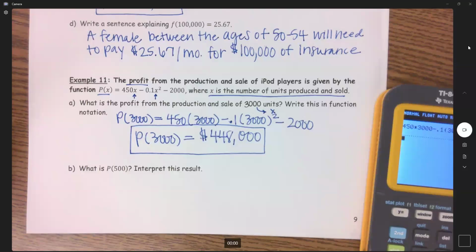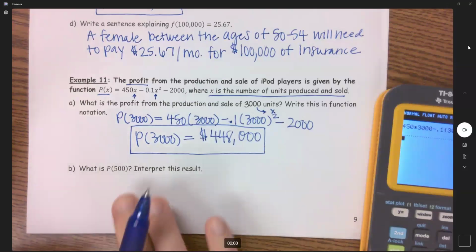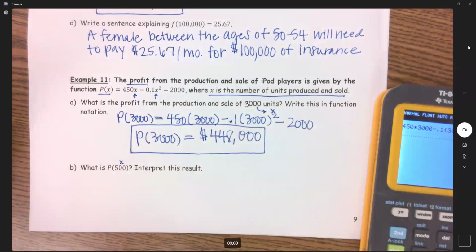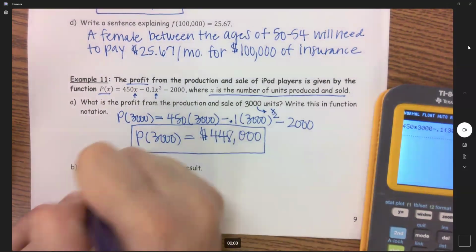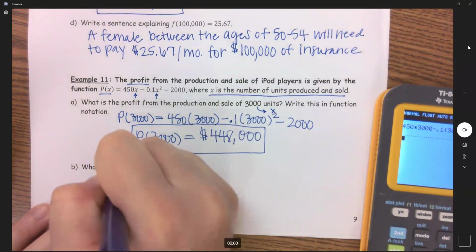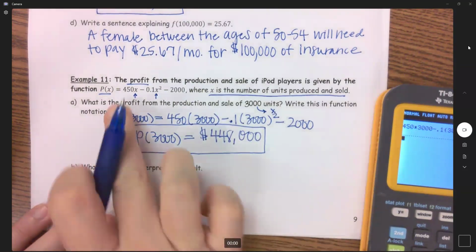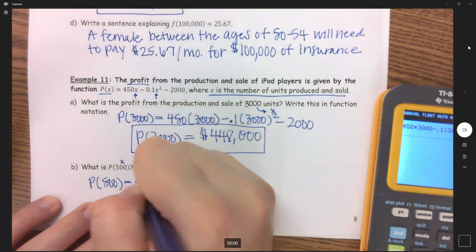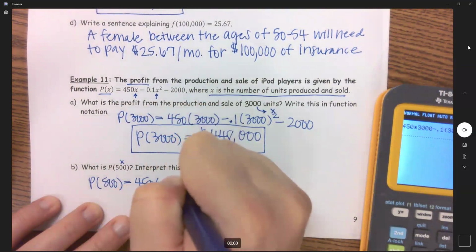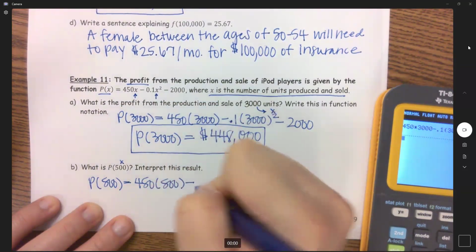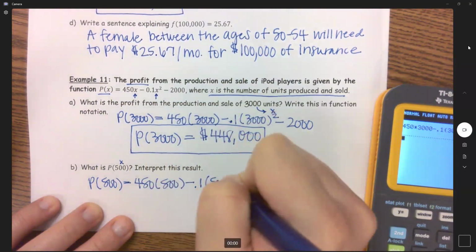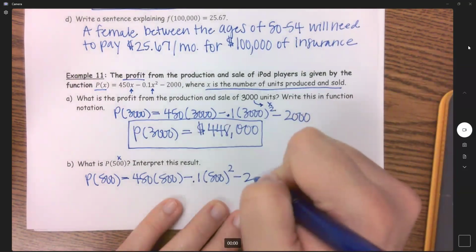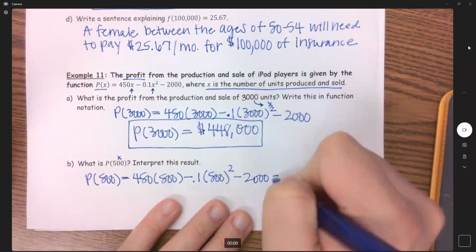Now, what is P of 500? It was usually P of x, so this means my x is 500. So I have P of 500 equals, and now I'm going to replace those two x's with 500. So 450 times 500 minus 0.1 times 500 squared minus 2,000.